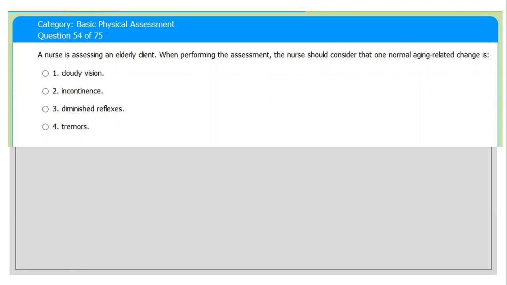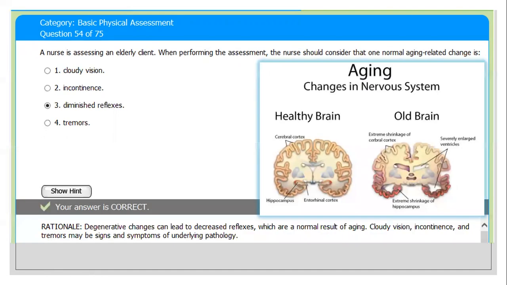But not everybody has dementia, Parkinson's disease, or Alzheimer's disease. We are not talking about number 3 as absent reflexes. We said diminished, a decrease in the speed of processing, how fast you do things or how fast you process information. So the answer is number 3. The rationale.